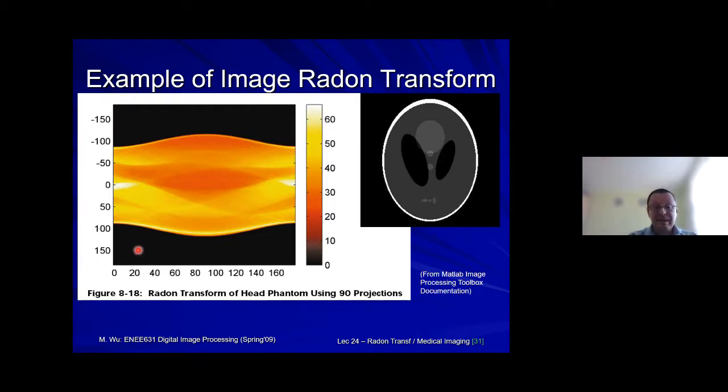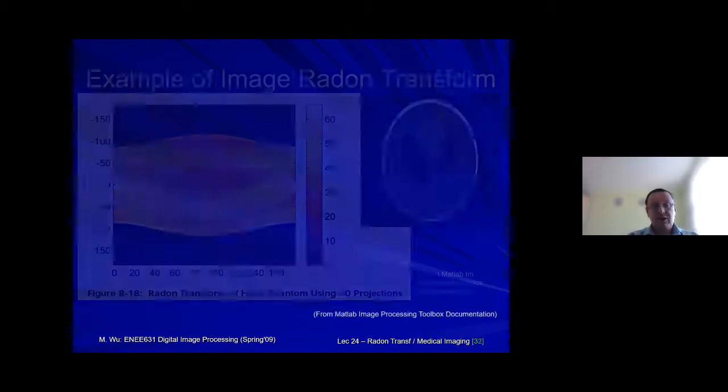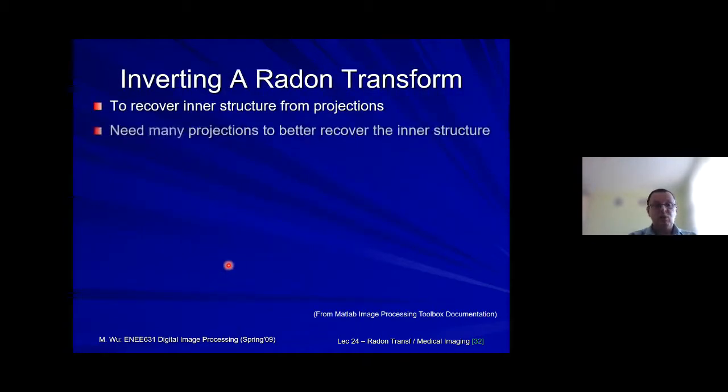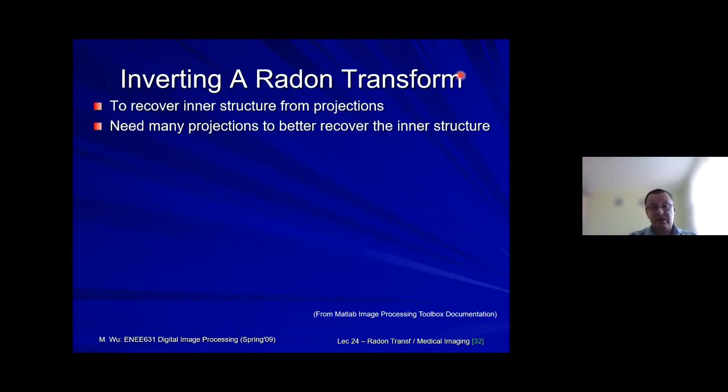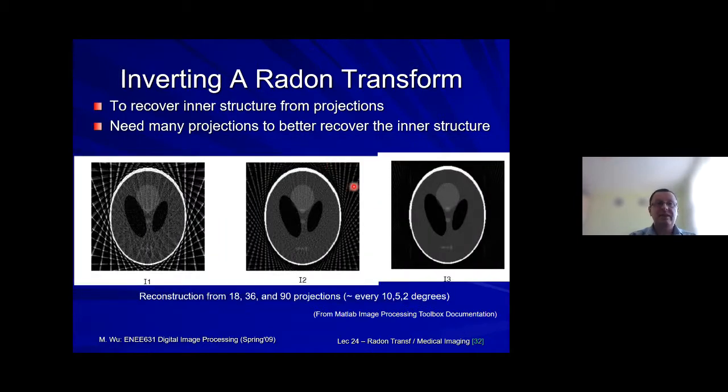It tells almost nothing. Magic comes at the next step when we invert the Radon transformation. And inversion of it gives a chance to retrieve the original representation, or the image of the original object. So it allows us to recover the inner structure from projections.